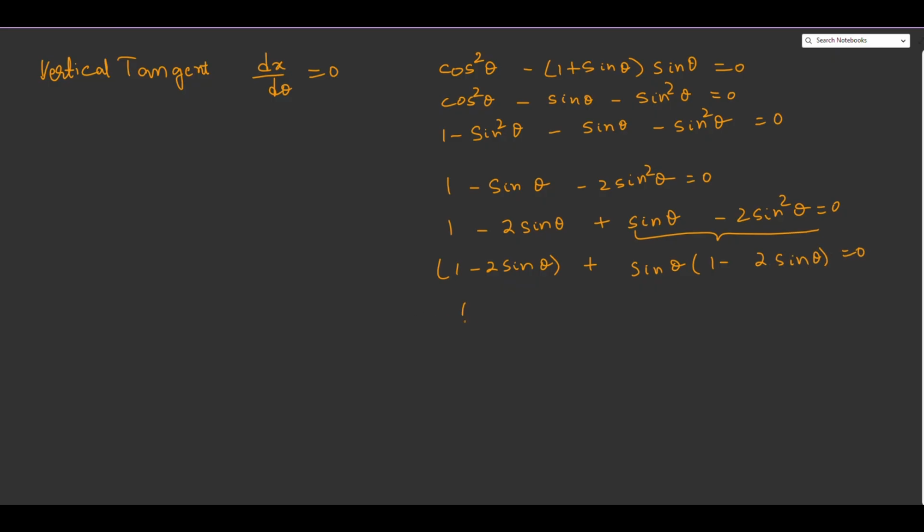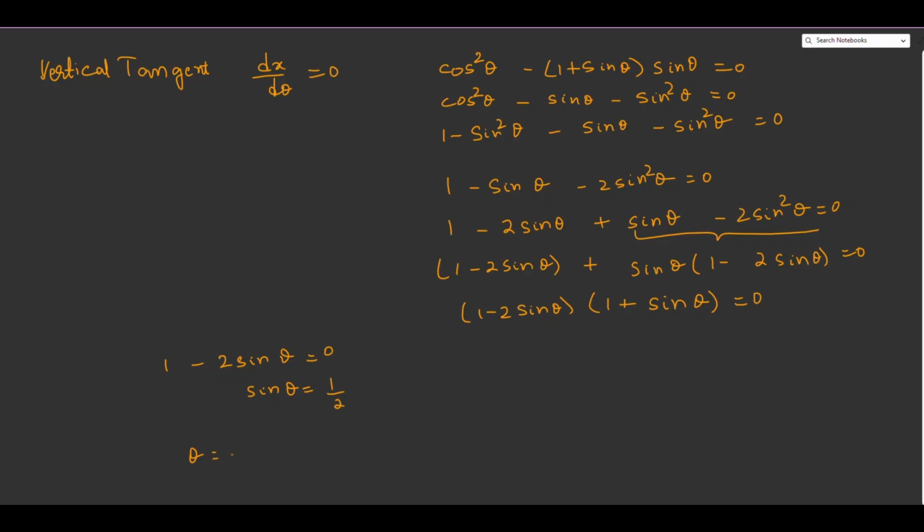So this becomes 1 minus 2 sine of theta multiplied with 1 plus sine of theta, and again it will give us two different equations. 1 minus 2 sine of theta equals 0, and that will give us sine theta equals 1 by 2, and from here we get two different values of theta.